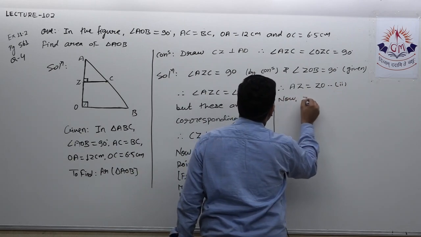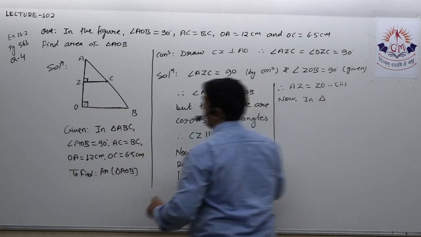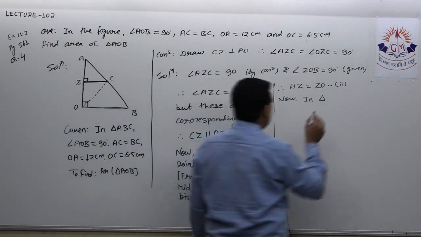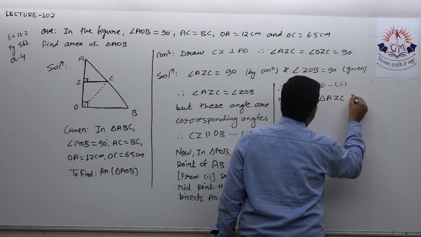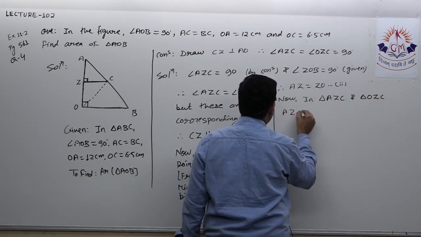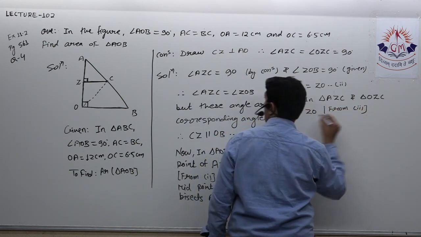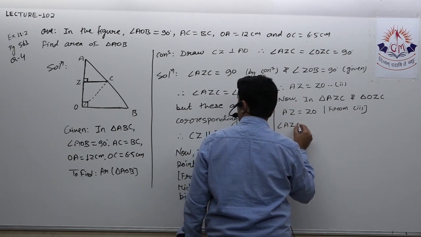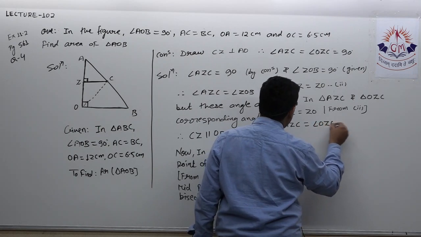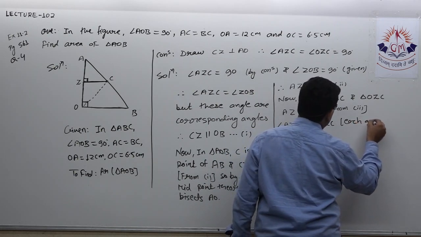Now in triangle AZC and triangle OZC, AZ is equal to ZO from second. Angle AZC is equal to angle OZC, each 90 degree.